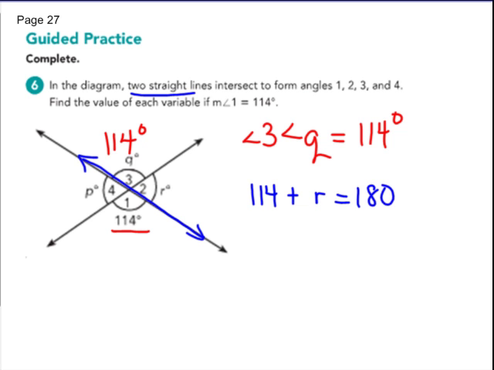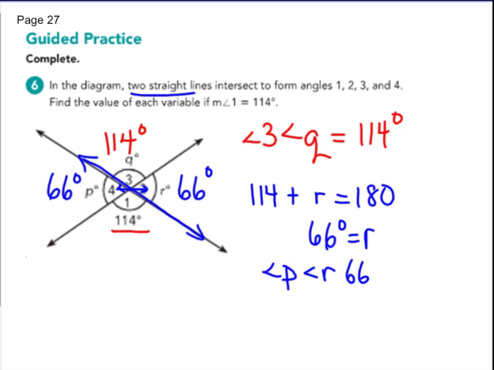So subtract 114 from 180, and you're going to get 66, which has to equal that R. So if 66 is R, P is also 66, because that's the pair of vertical angles that are diagonally across this way. So 2 and 4, or P and R, are 66 degrees. So 114, 66, 114 and 66 does add to 360. That's another way you can check that.